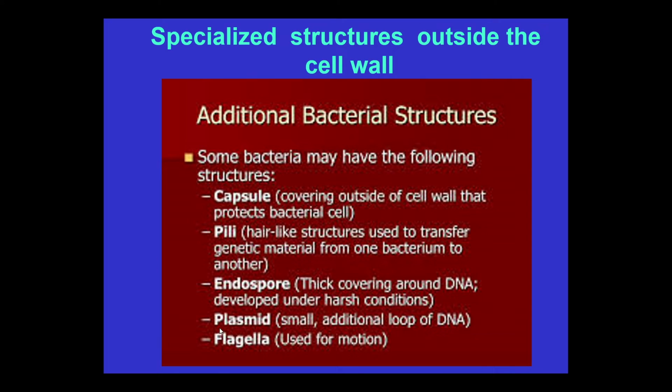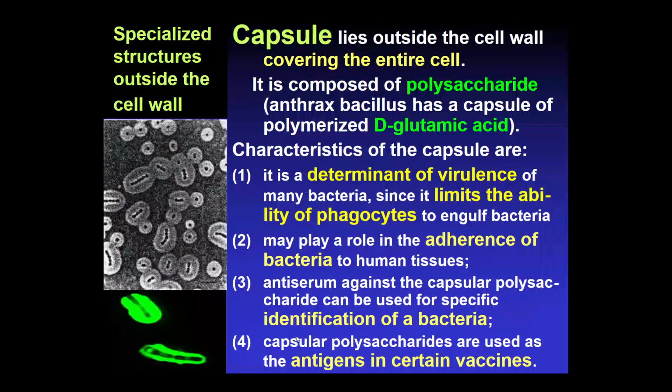Then plasmid that we already discussed, additional structures of bacteria made up of circular double-stranded DNA, and flagella used for motion or locomotion function.